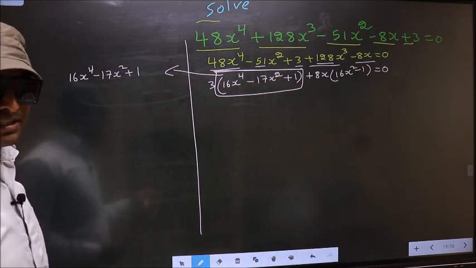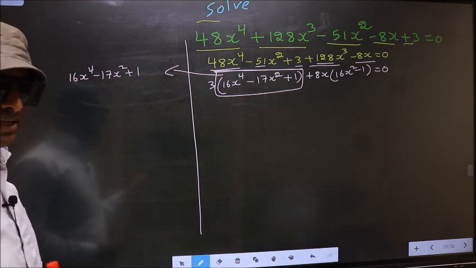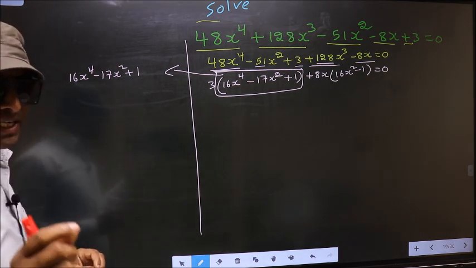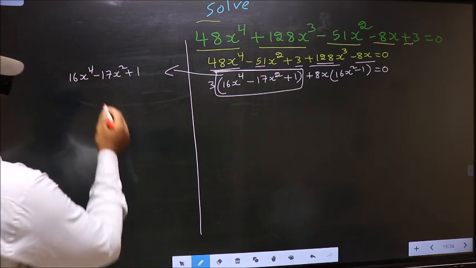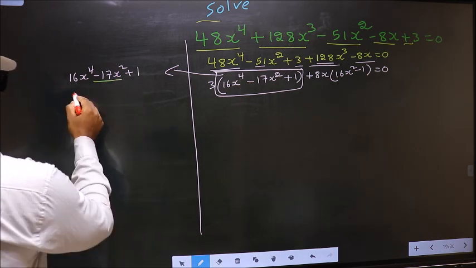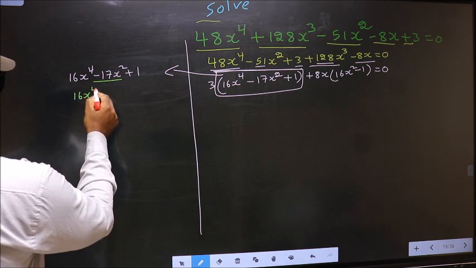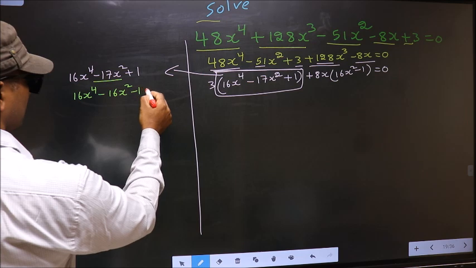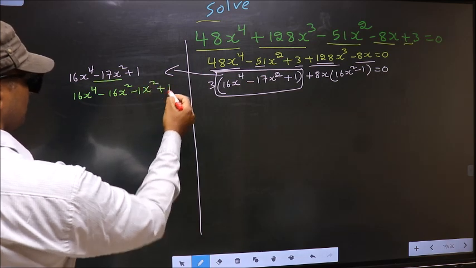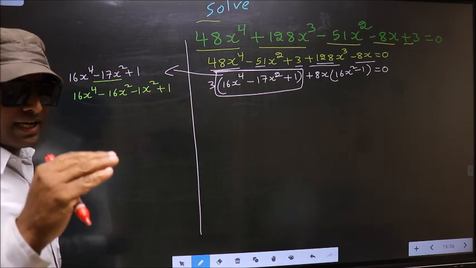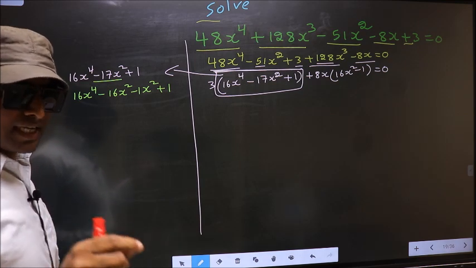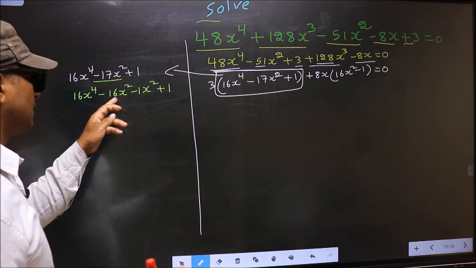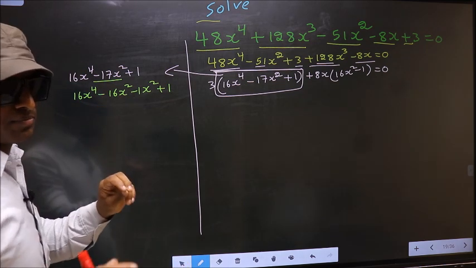How do we factorize a quadratic? In the same way, we factorize this by splitting the middle term, which is minus 17x square. So in place of minus 17x square, I write minus 16x square minus 1x square plus 1. I am not doing the factorization steps; directly I split minus 17 into minus 16 and minus 1.